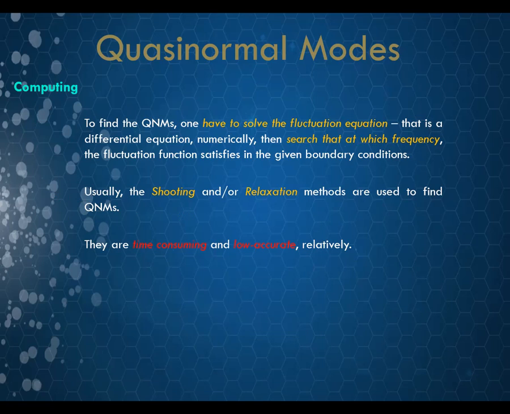So those frequencies are named quasi-normal frequencies or quasi-normal modes. This is the usual method to find the quasi-normal modes in many studies. But the shooting method and the relaxation method can be time-consuming and of low accuracy if your fluctuation equation is complex.